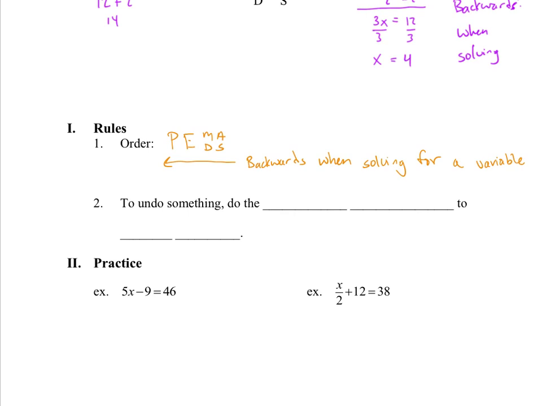So a little repeat from the last two sections. To undo something, so we have something that happens, when we want to undo it, we do the inverse operation, which inverse is another word for the opposite operation, to both sides.